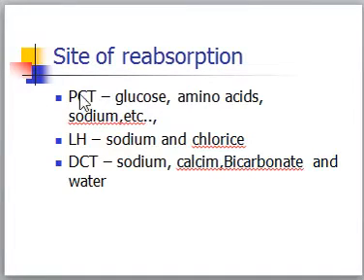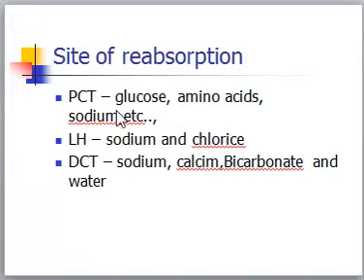First of all, we are going to see what substances are reabsorbed from the proximal convoluted tubule, the PCT. Around 88% of the filtrate is reabsorbed in the proximal convoluted tubule. The brush border of the epithelial cells in the proximal convoluted tubule increases the surface area and facilitates reabsorption.